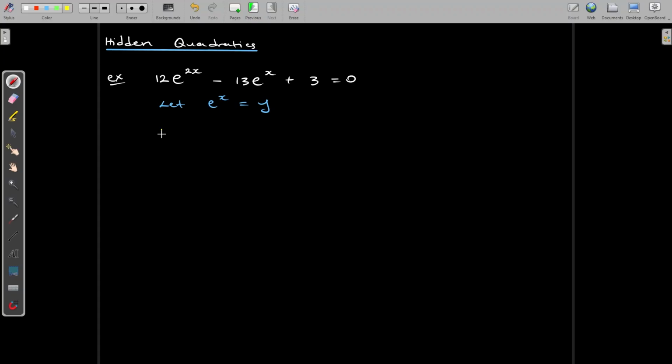Y squared minus 12y plus 3 plus 13y. So from this point, we can apply our, let me see, AC method. 36, and for 13, yes, -4 and -9.